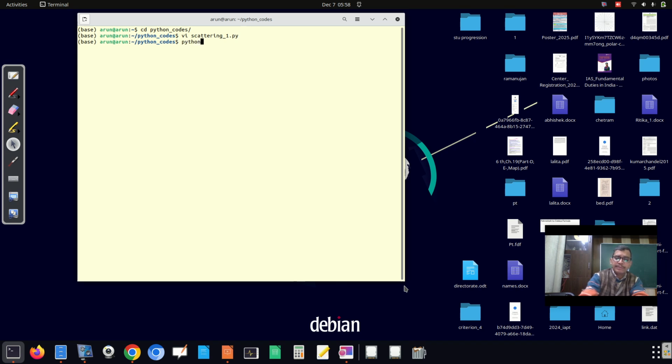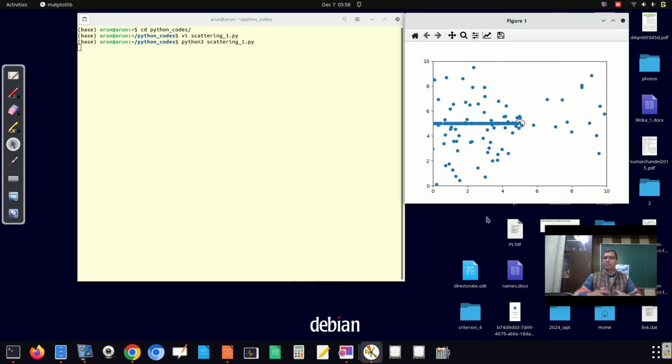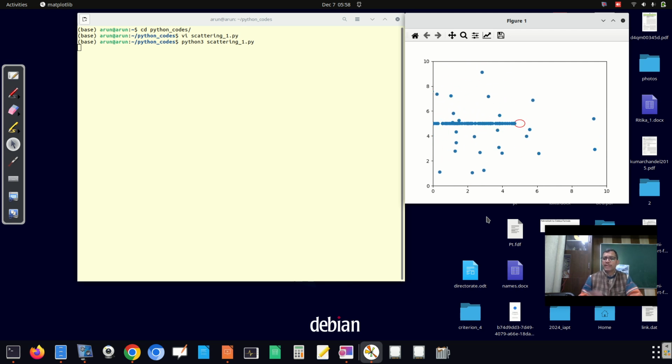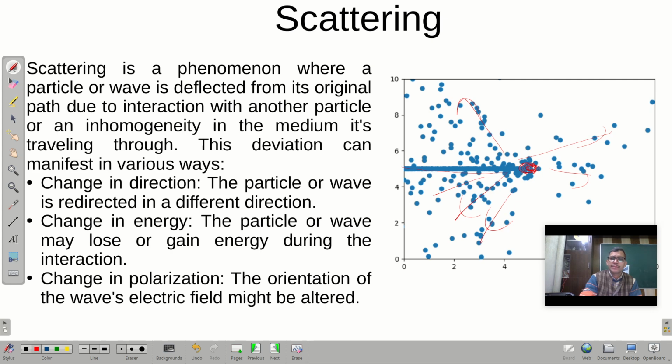Let me show you how the particles move when they are bombarded on some target. See, that's what is happening. Particles will move in different directions. So you can use this animation to visualize it.